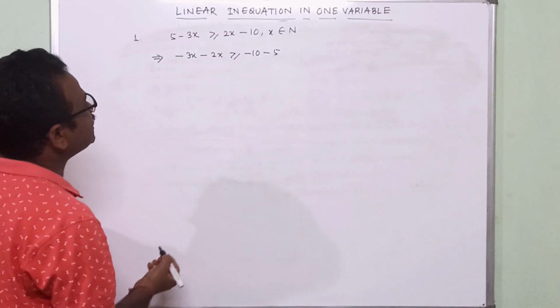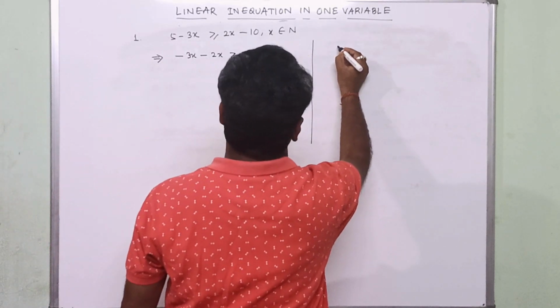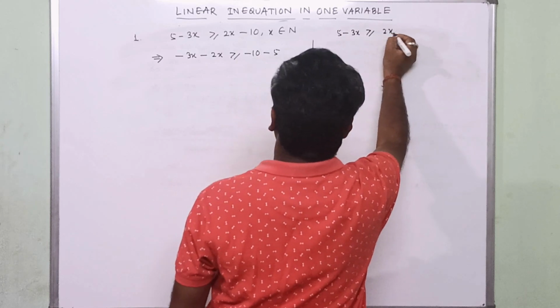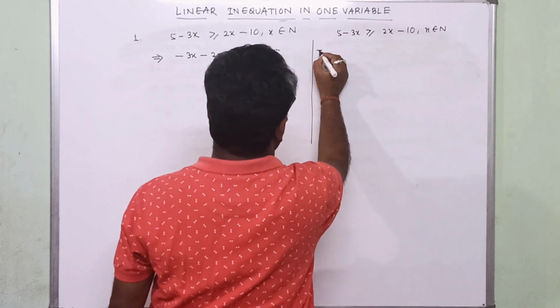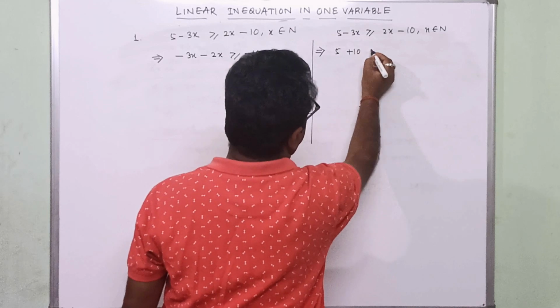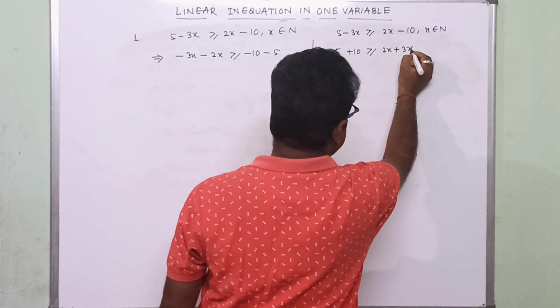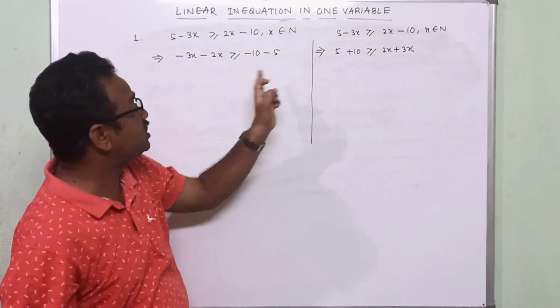Or somebody will say, I will not write like this. I will write 5 plus 10 greater than equal to 2x plus 3x. This way or that way, both are correct.